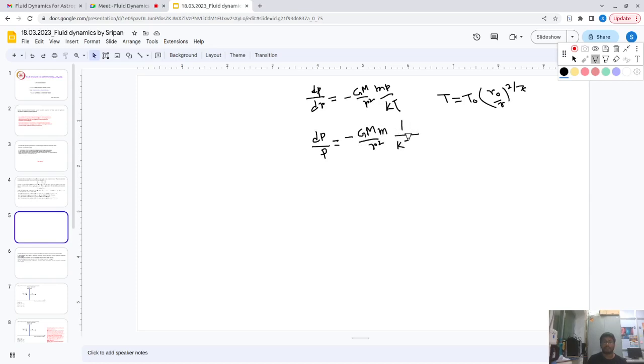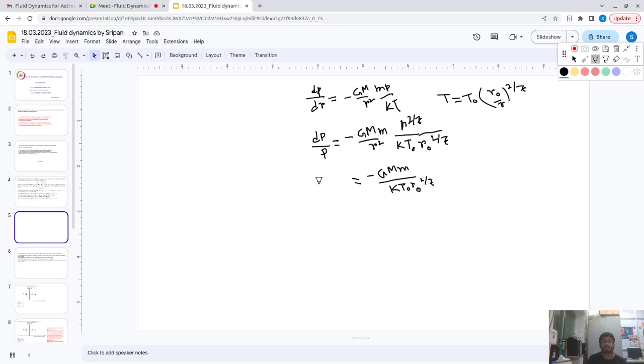So this is k T_0 (r_0 by r) to the power 2 by 7, and here this is r to the power 2 by 7, okay. Now if it is the case, you will have minus GM m_p by k T_0 r_0 to the power 2 by 7.